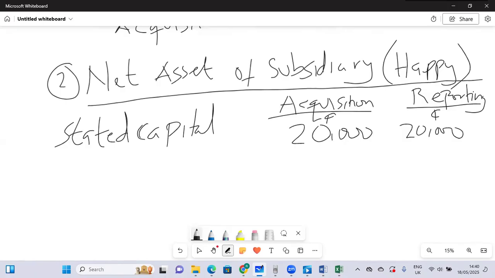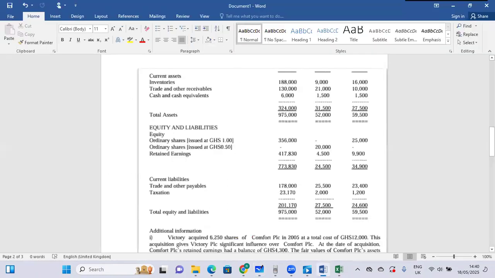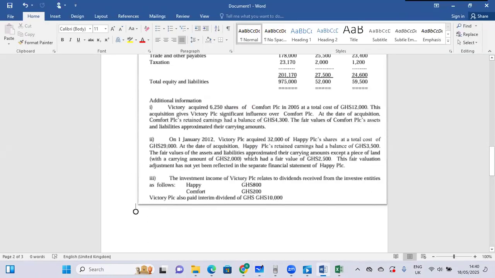Now the next one is the retained earnings. And the retained earnings, in the question, they told us that when they bought this, the retained earnings was 3,500 here. 3,500.